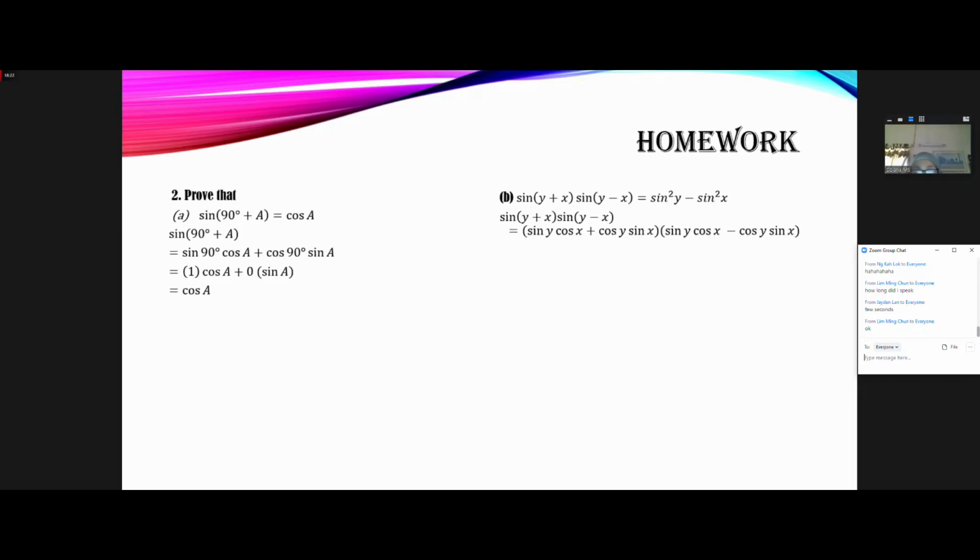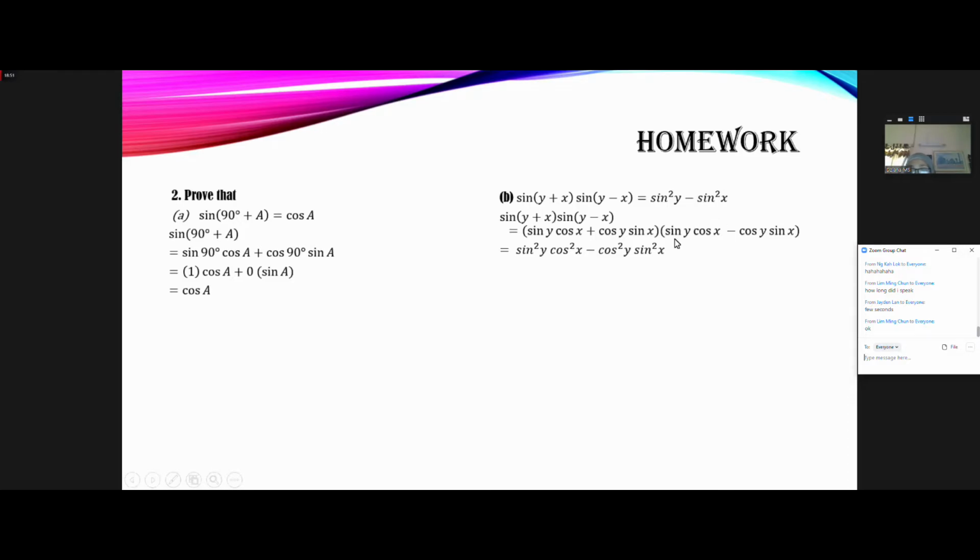It's okay if you don't memorize because you can always refer to the formula list. When you expand, you will get sine squared y cos squared x minus cos squared y sine squared x. Until this point, you look at the answer: sine squared y sine squared x. So you do not have any cos squared x and cos squared y.